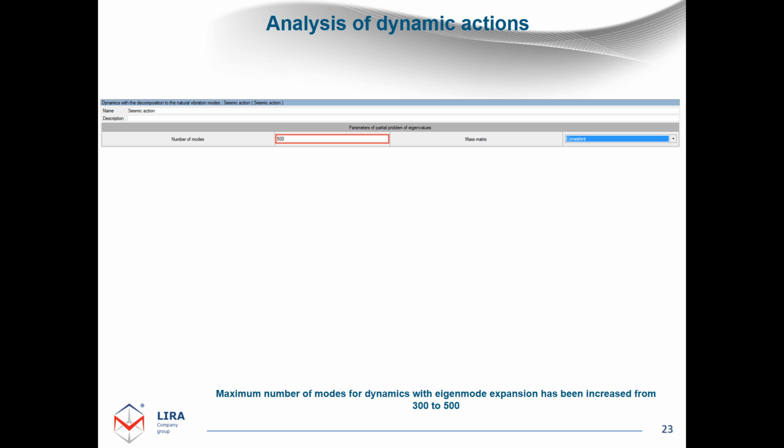If condensation of masses mode is used properly, then 300 modes are enough. However, our users kept on asking us to increase these numbers, and so we did.